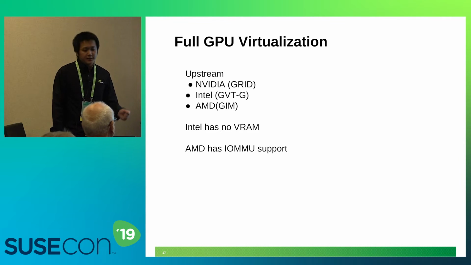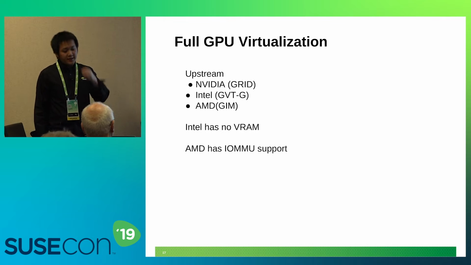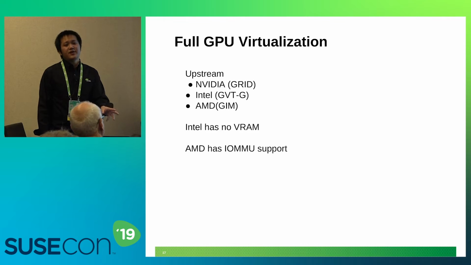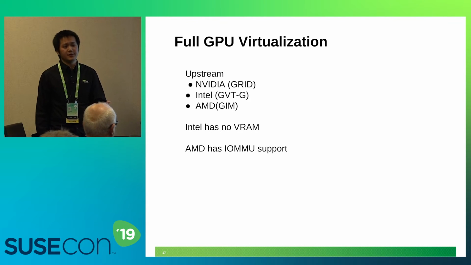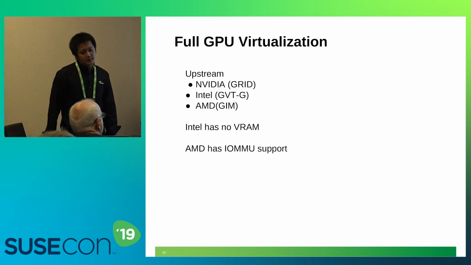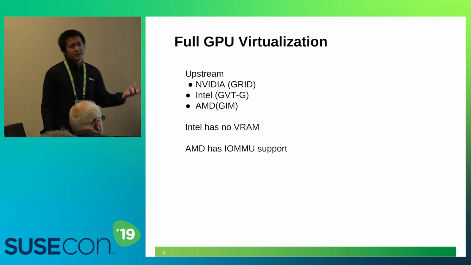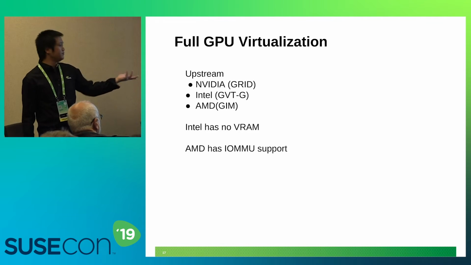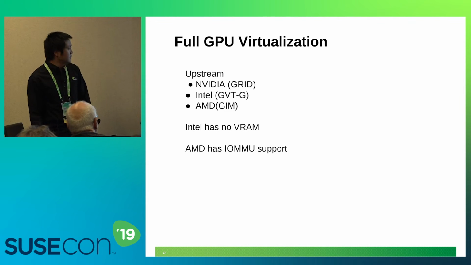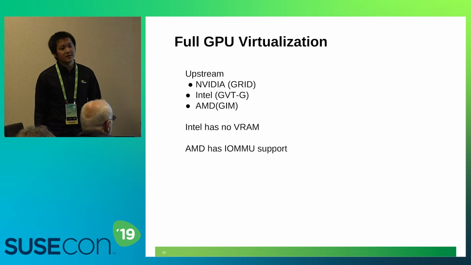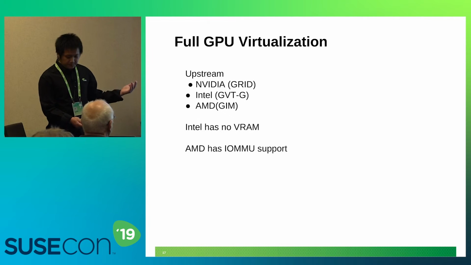And AMD, because it's hardware, has this IOMMU support. They can use some benefits provided by the IOMMU, which makes it more straightforward, easier to set up, and more secure. That's good. But only Nvidia supports CUDA, because CUDA is released by Nvidia. So Nvidia still dominates this market.